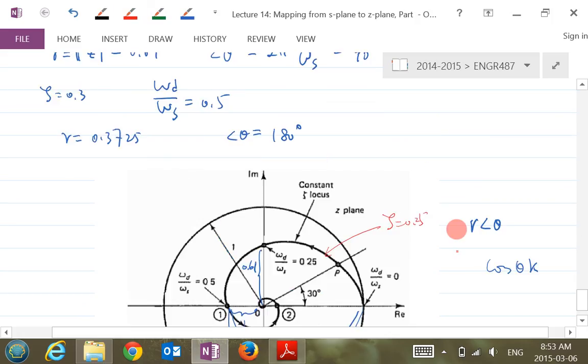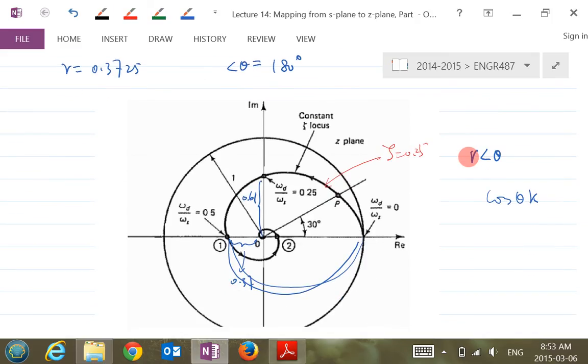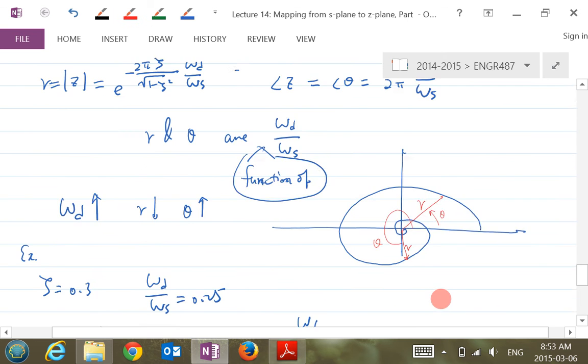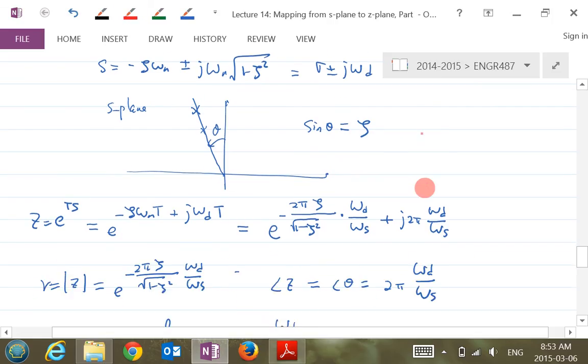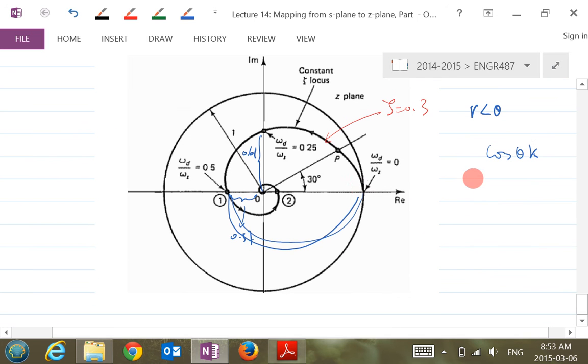This is 0.25, right? 0.3. This corresponds to zeta 0.3, which is this radial line. So this radial line is mapped as a part of the spiral over here.